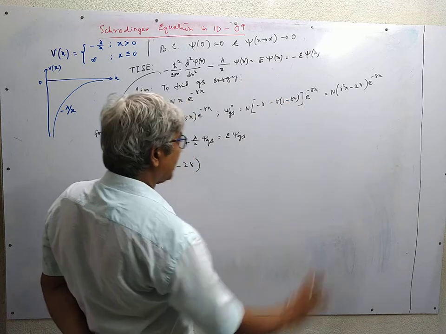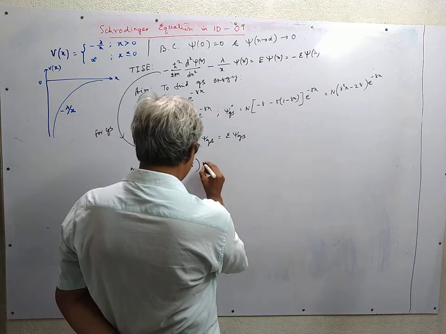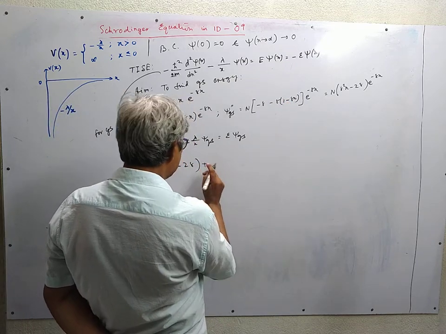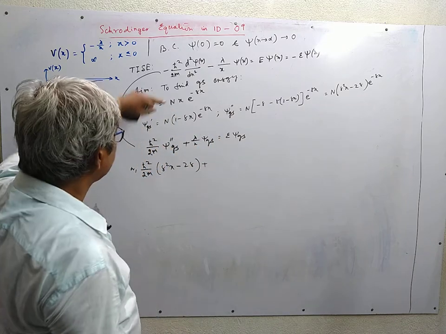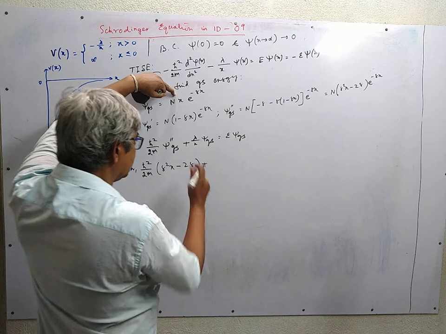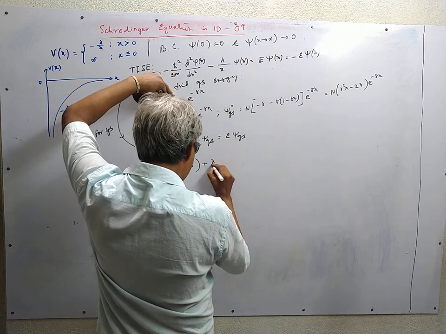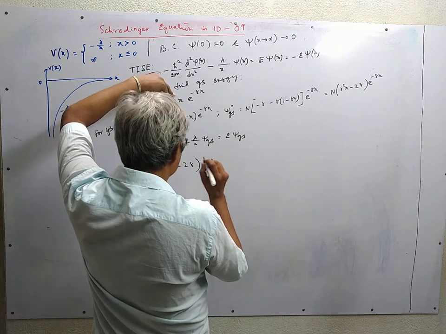And e to the power minus gamma x is common all over. Coming to this factor, from psi GS you will have an x which cancels with this, so this is lambda only.